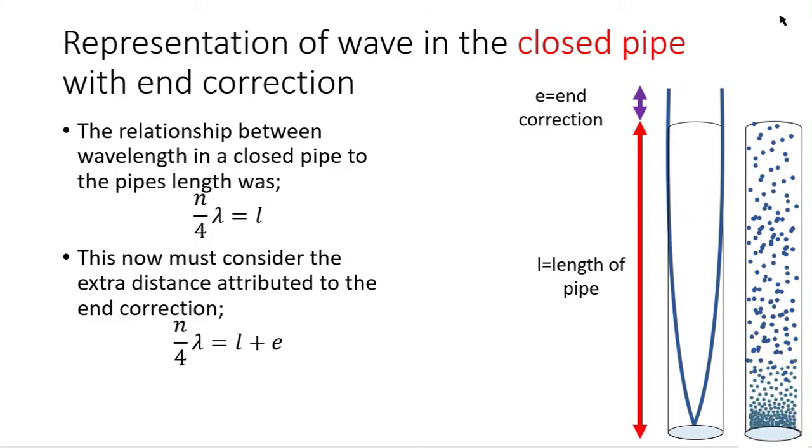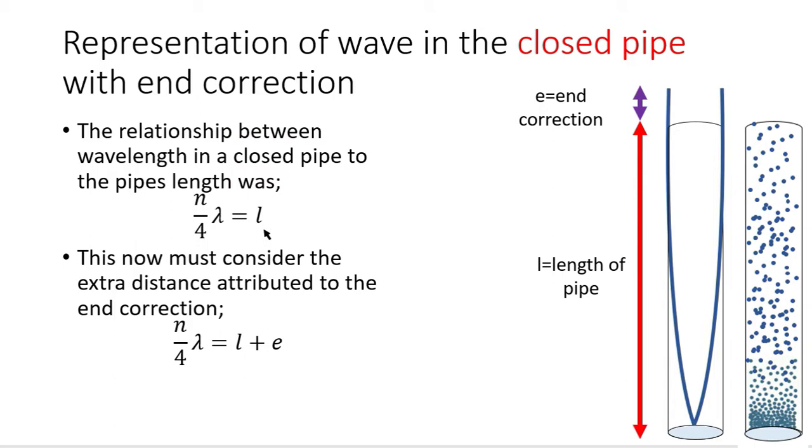Now we can just continue on from the previous expression that we derived for the relationship between wavelength and the length of the pipe in our first model, which is a quarter of the wavelength that can be formed in that pipe, and the particular harmonic value presented as a fraction multiplied by the particular wavelength found in that pipe gives you the length.